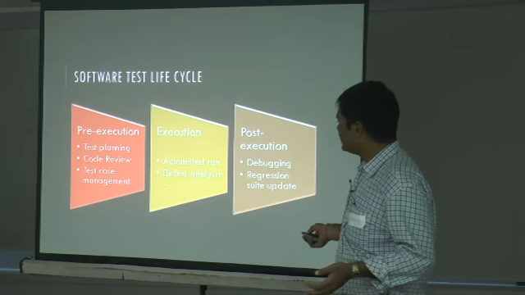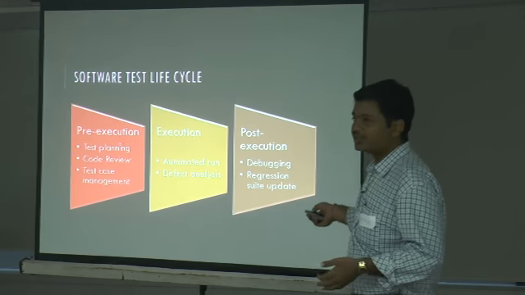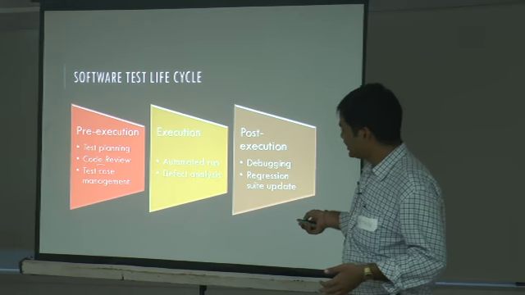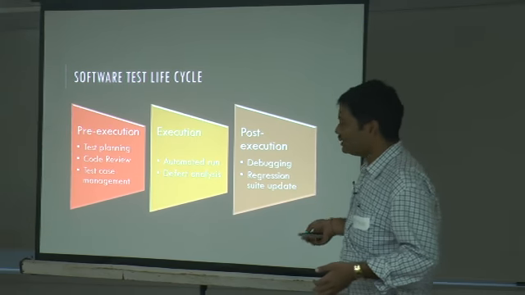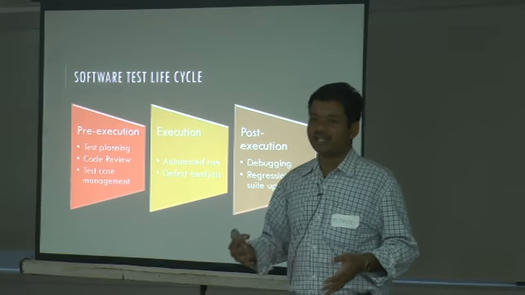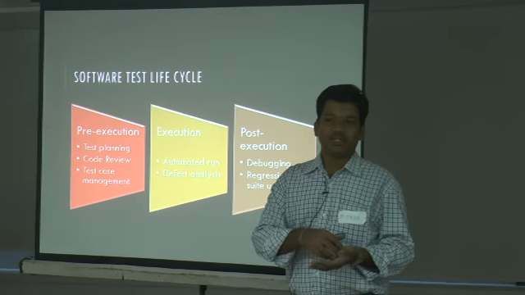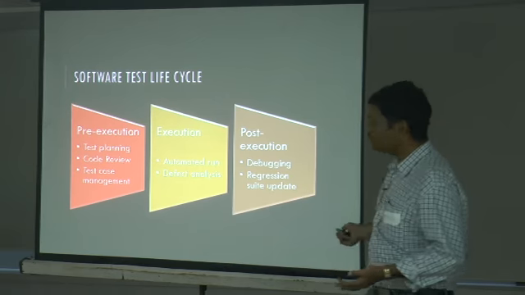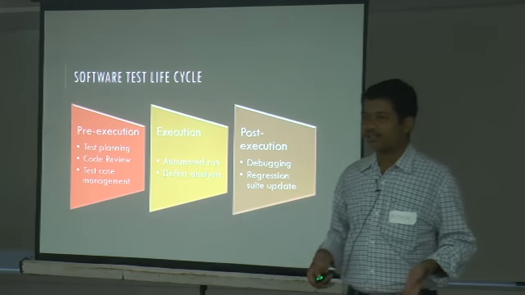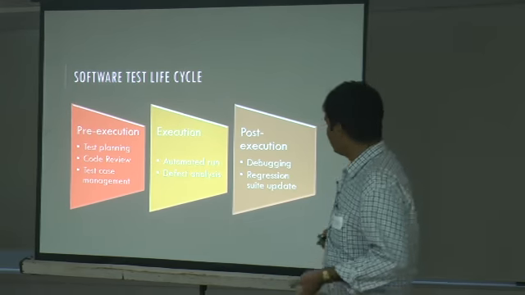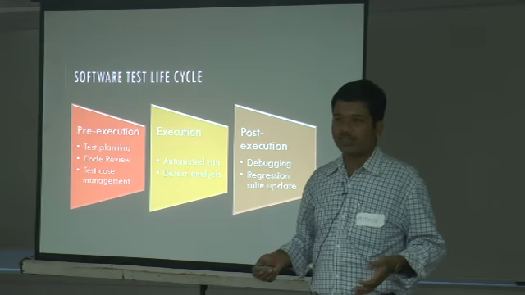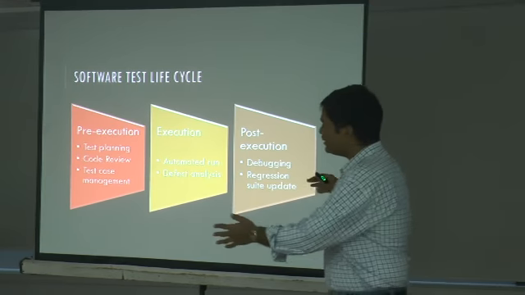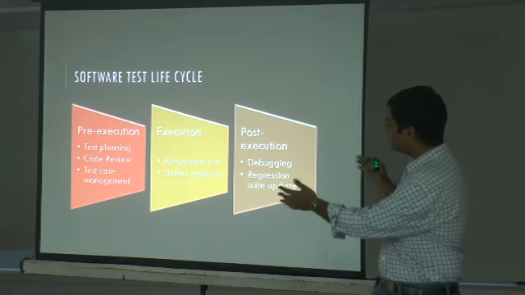Then we might run the test cases during execution, and we also do defect analysis. So that is also part of your execution phase. And coming to post-execution, we might do some debugging if there are any defects logged, and then we also update the regression suite.